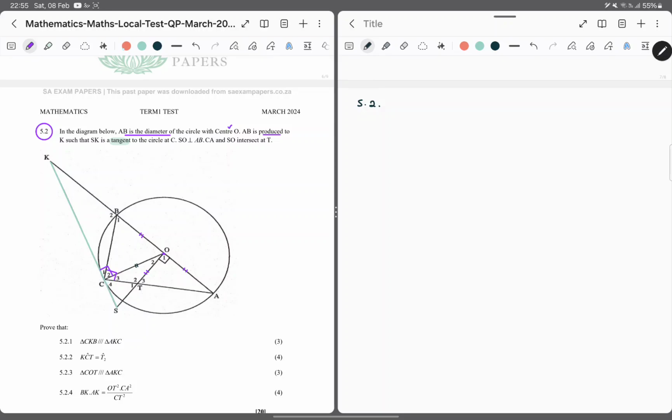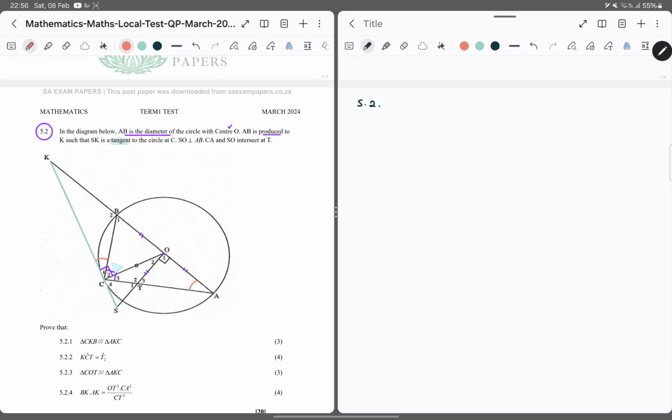So what else can we say if this is a tangent? The tan chord theorem. This angle should be equal to that angle, because that's the angle between the tangent KC and the chord BC. And this chord subtends angle A at circumference. There's more. We can say C4 is equal to B1.